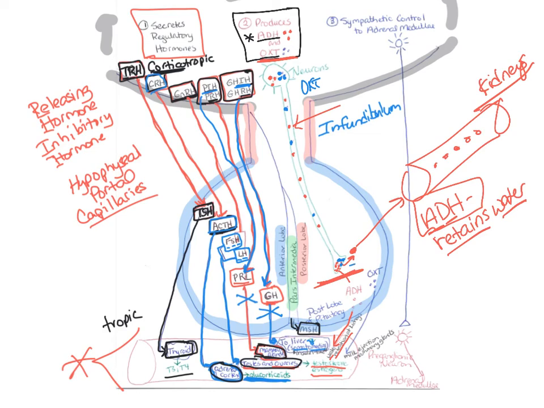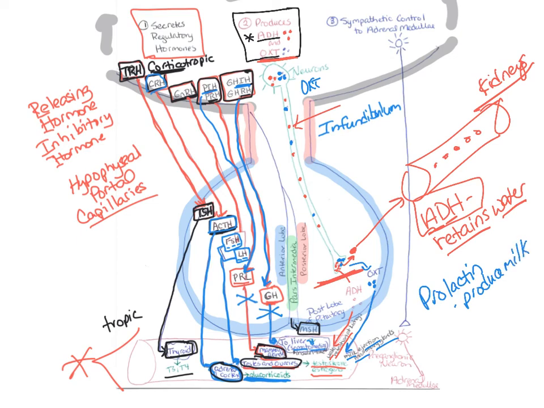And when oxytocin gets released, it will go out into the blood, and it is going to go to the mammary glands. And at the mammary glands, it will cause milk ejection. So looking at the mammary glands, we know that prolactin caused the mammary glands to produce milk.